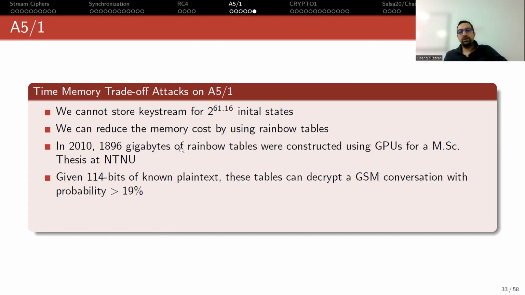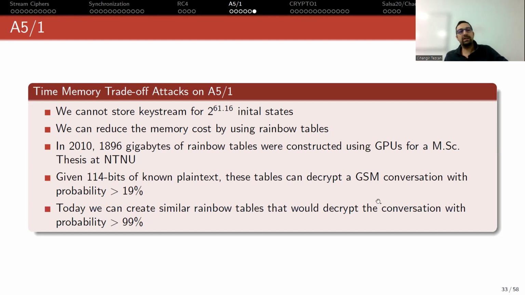So if you have more GPUs, you can perform more operations. You can also increase this size because nowadays we can buy 8 terabyte or 16 terabyte hard drives. So you can easily make this 99%, because compared to 2010, our GPUs are a lot faster and we have better devices, okay? So today we can create similar rainbow tables that would decrypt the conversation with probability larger than 99%.